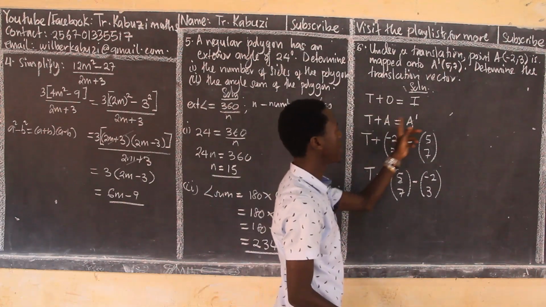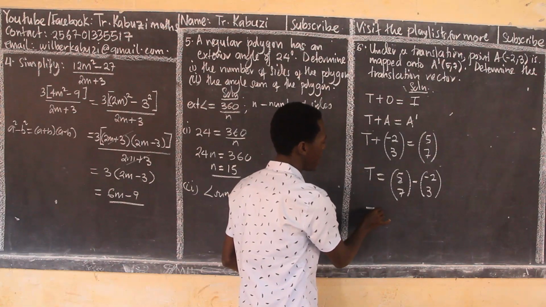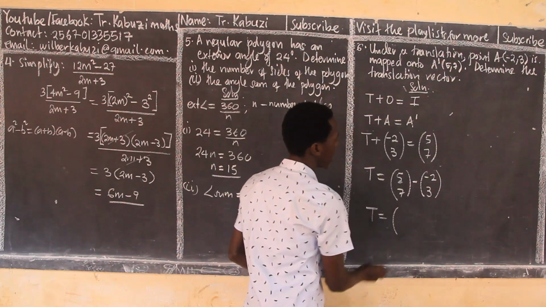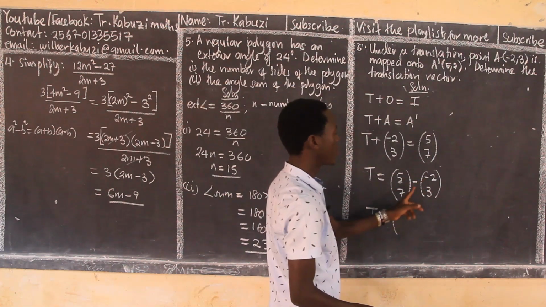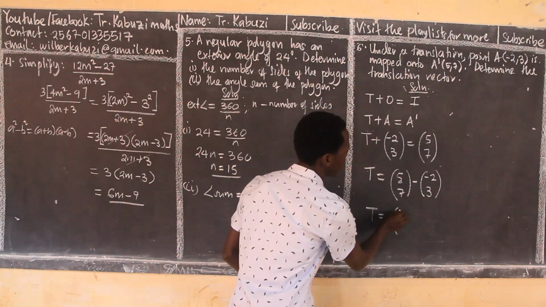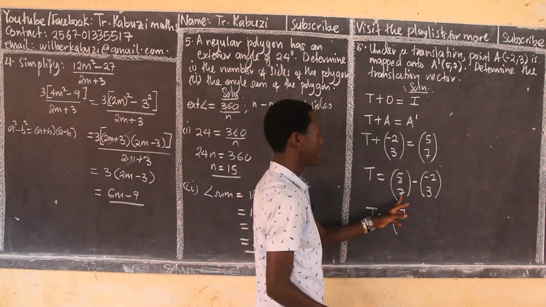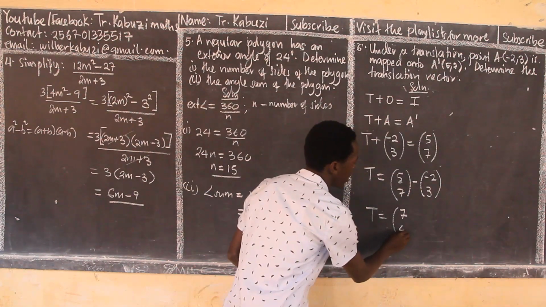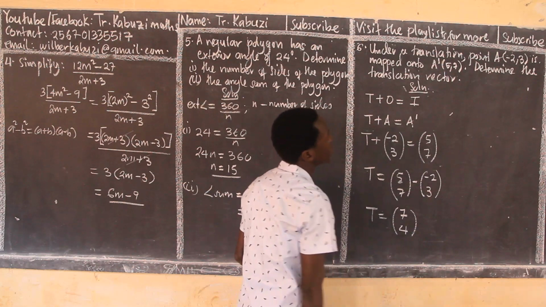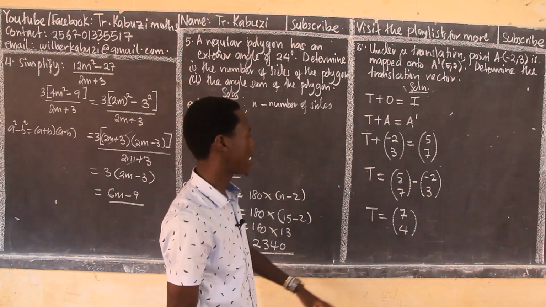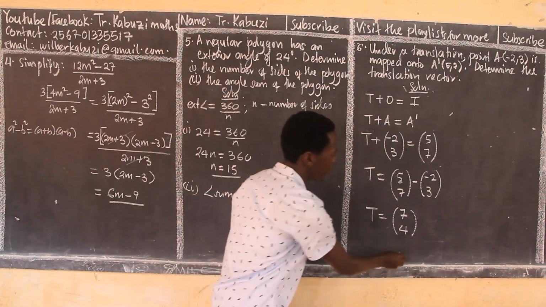I'm just taking this across, that's why it becomes a minus. So now my translation vector becomes, you see this minus minus to get that 7. 5 minus minus 2, you get 7, then 7 minus 3, you get 4. So that was our translation vector, which I can write in that form.